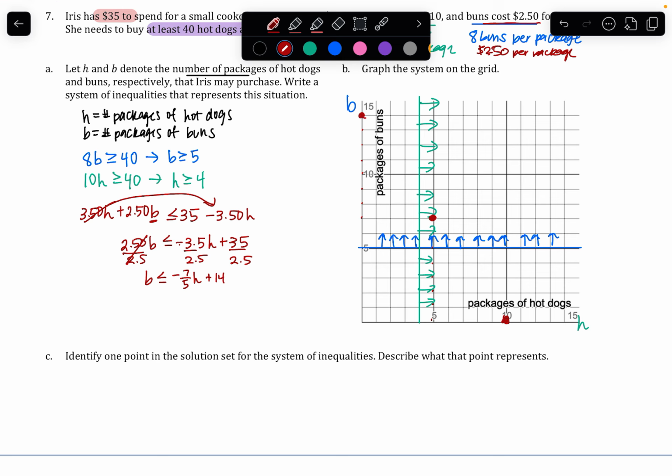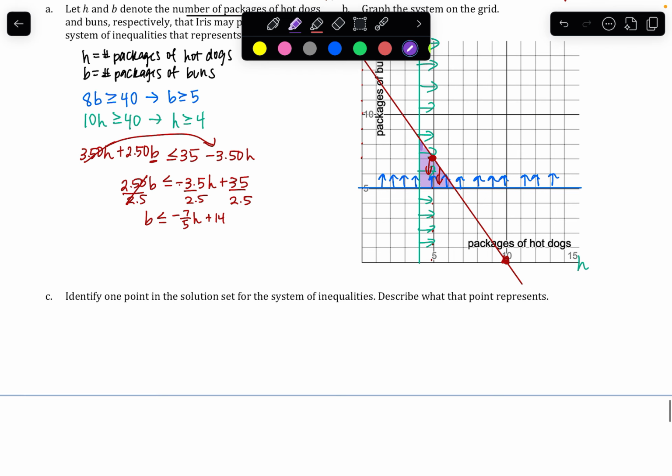Okay, and so that is also solid. And we want to stay below this line. So that is a very small solution set. We have to stay in the triangle, this tiny triangle.